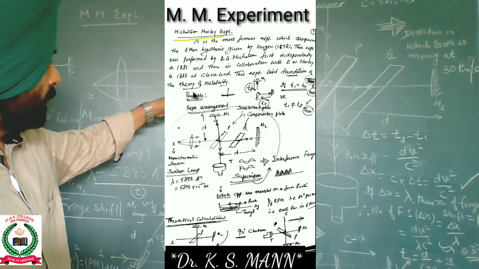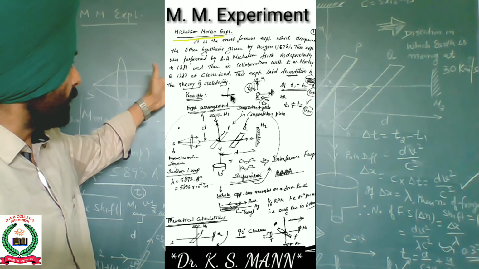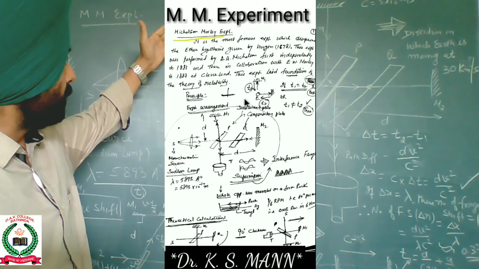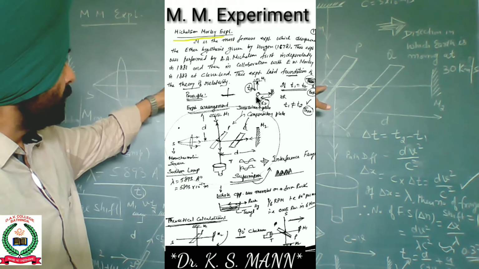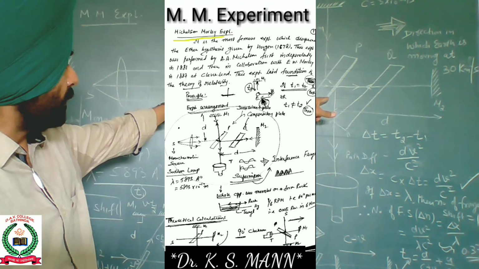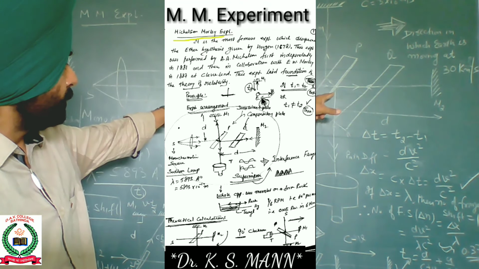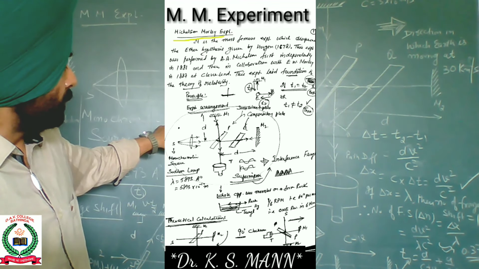So what is the working principle? The working principle I have explained in my previous video. In it, we have to send two light signals. One is in the direction of the propagation of Earth with respect to ether, if ether exists and it is at rest, and Earth is moving with respect to ether.